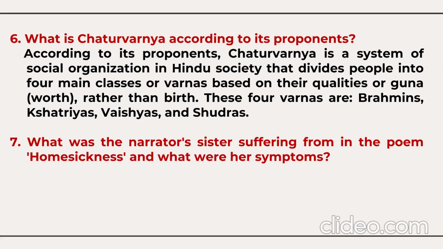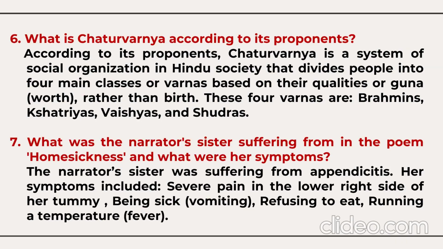What was the narrator's sister suffering from in the poem Homesickness, and what were her symptoms? She was suffering from appendicitis, or some people say appendix also. Her symptoms include severe pain in the lower right side of her tummy, being sick, meaning vomiting, and refusing to eat, running a temperature, that means fever.